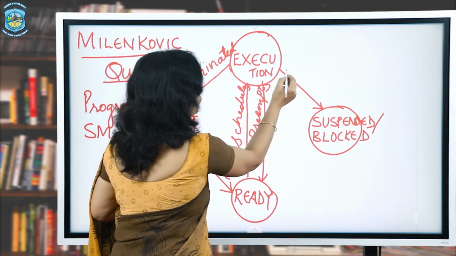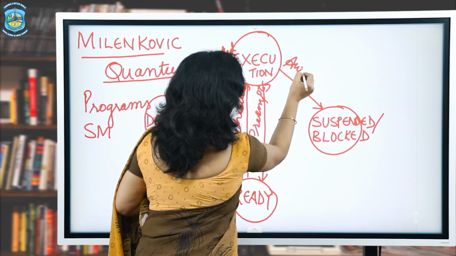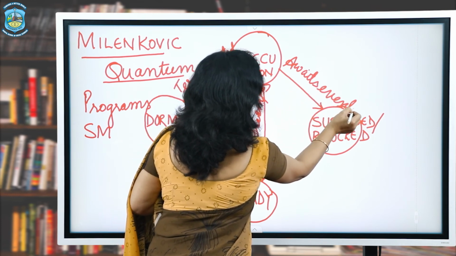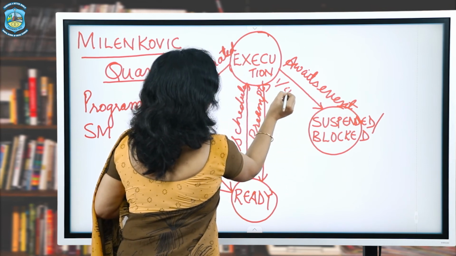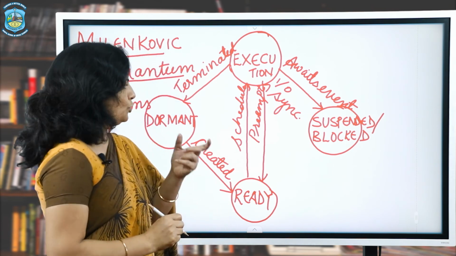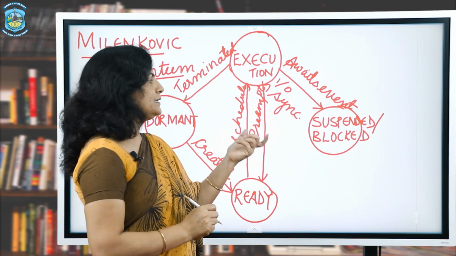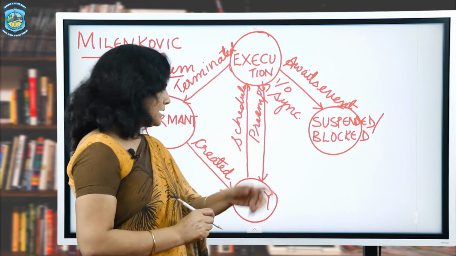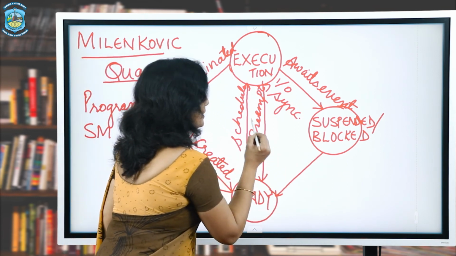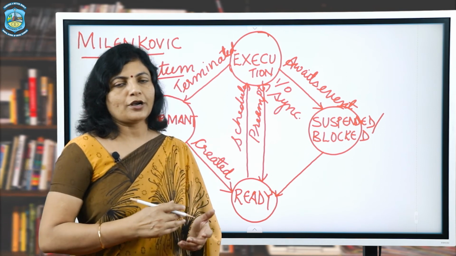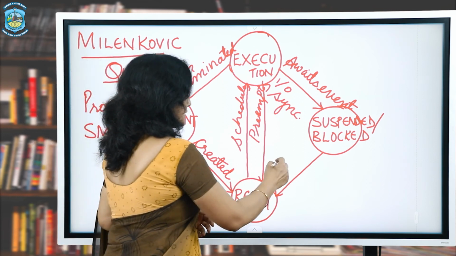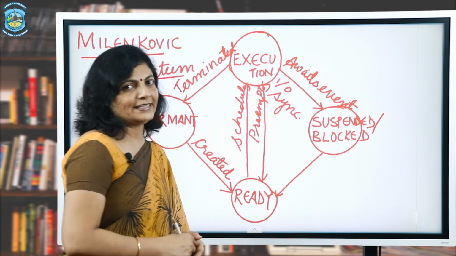So, there can be 2 reasons: awaits event or I/O synchronization. So, those processes come in suspended state. When input-output synchronization happens or event happens, then it is moved back to the ready state.